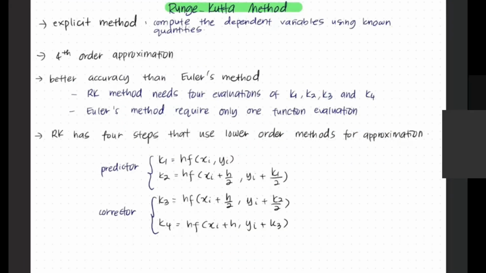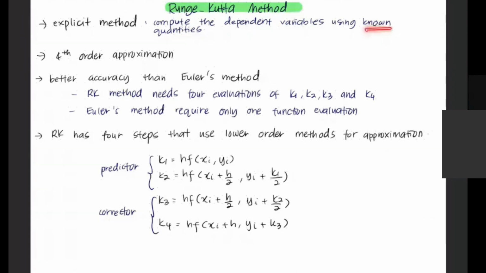The Euler method and also the Runge-Kutta method are explicit methods. What is an explicit method? An explicit method computes the dependent variables, the variables that we want to find, using known quantities.